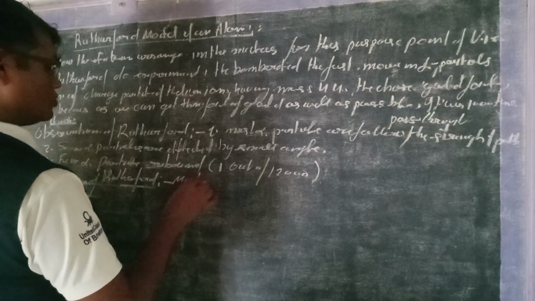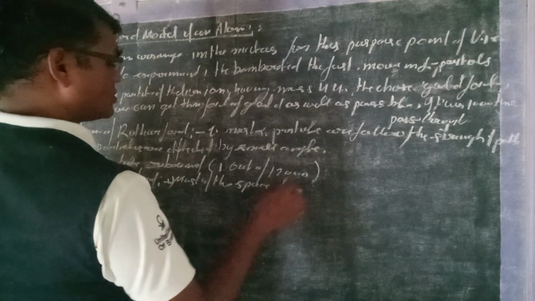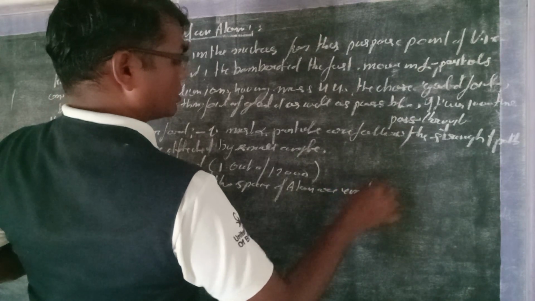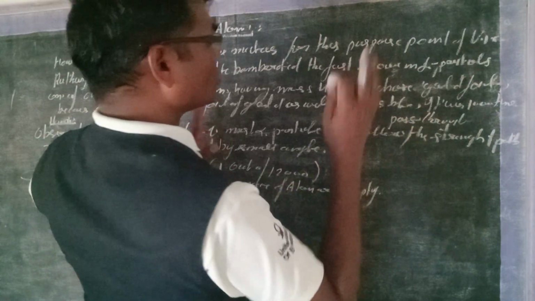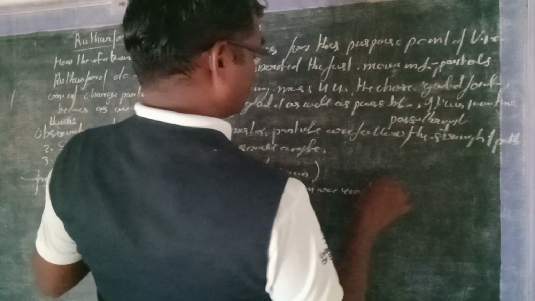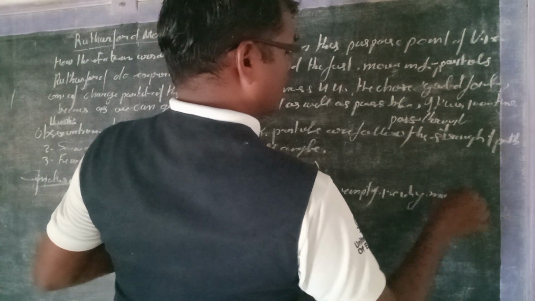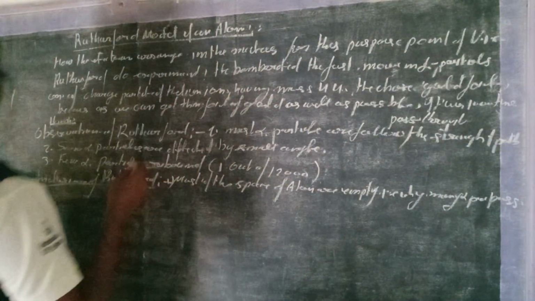He concluded that most of the space of the atom is empty. That is why many alpha particles pass through in a straight path.